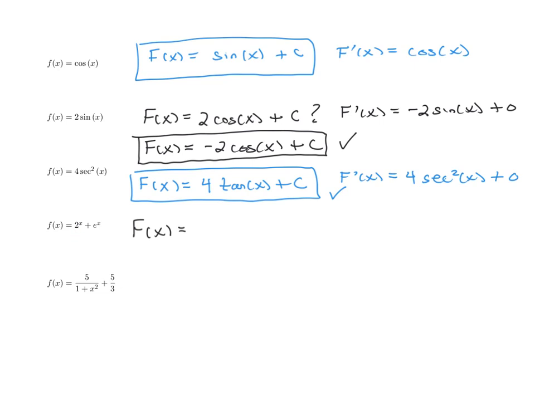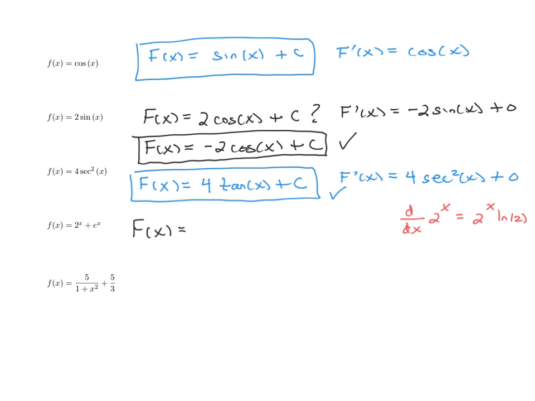But what about 2 to the x? Do you remember what it means to take the derivative of not e to the x, but 2 to the x? The rule we came up with was, well, it's 2 to the x times the natural log of 2. But here we're going backwards. And the way around this is to not multiply by the natural log of 2, but divide by it.